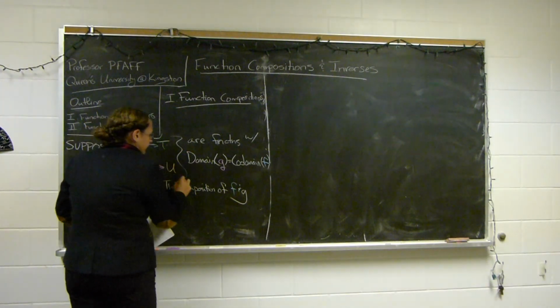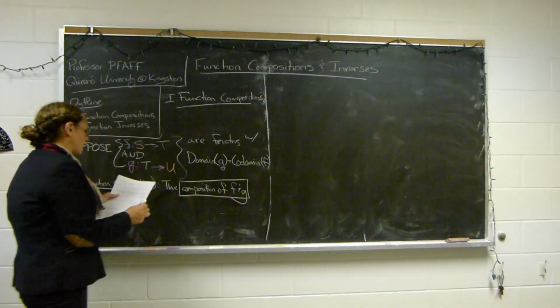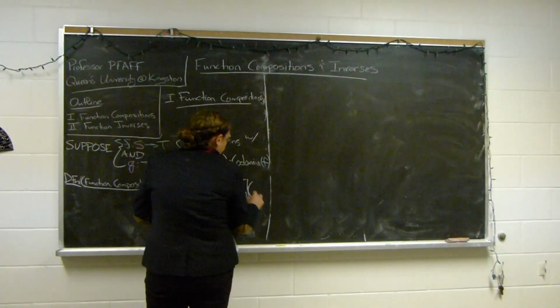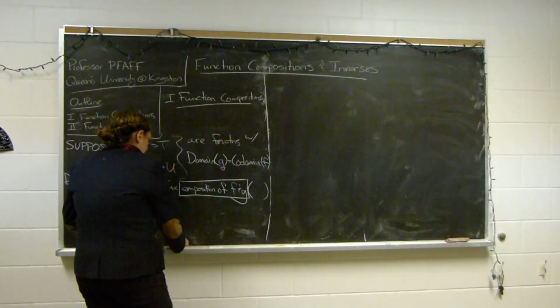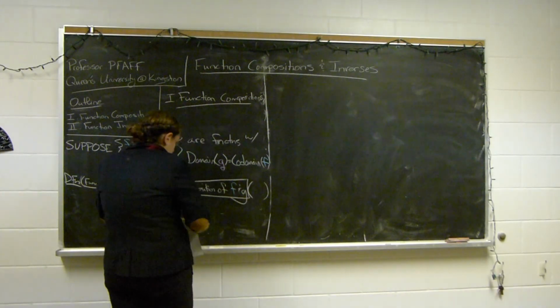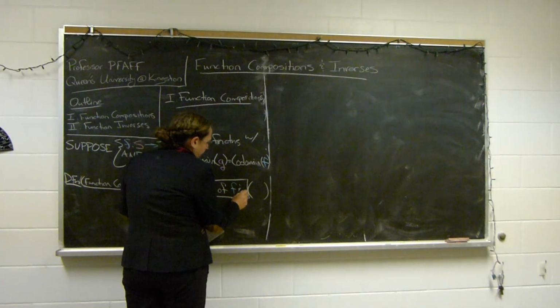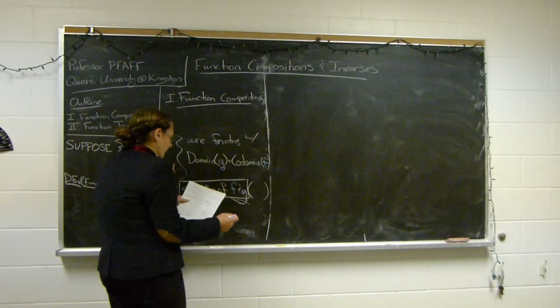I'm going to box this because this is what we're going to define. So the composition of f and g, and we have a way to write that, right? We usually would write that as, oops, I meant to do this in purple, because our g is purple.